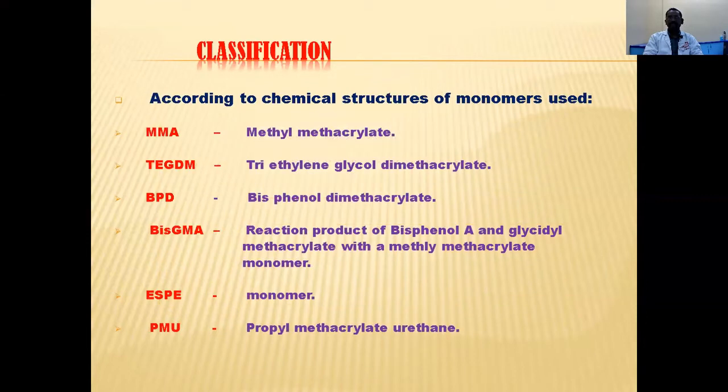Coming to the classification, according to the chemical structures of the monomer: MMA is methyl methacrylate, TEGDMA is triethylene glycol dimethacrylate, BPDM is bisphenol dimethacrylate, and bis-GMA is the reaction product of bisphenol A and glycidyl methacrylate, along with the methyl methacrylate monomer, ESP monomer, and PMU, propyl methacrylate uracil.